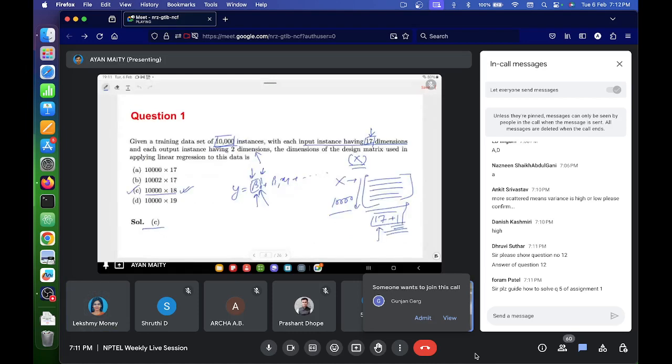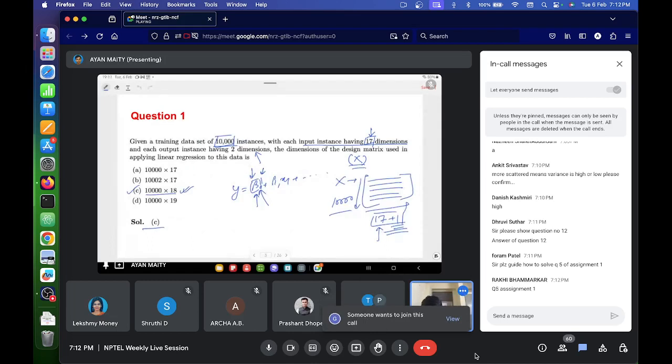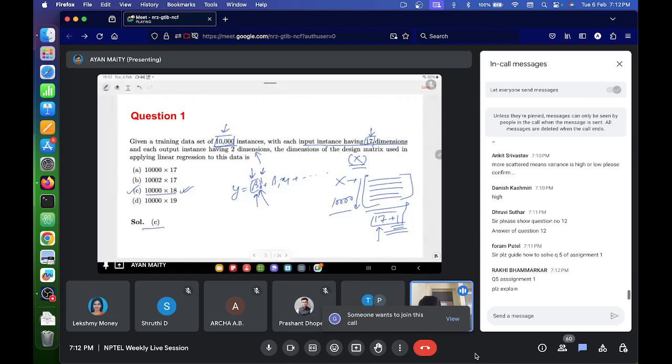Question 1 was that for 10,000 instances, if each input instance has 17 dimensions and each output instance has 2 dimensions, then what is the dimension for the design matrix or the X matrix? X is called the design matrix or the input features matrix. So what would be the dimension for X? So 10,000 instances and each input instance has 17 dimensions.